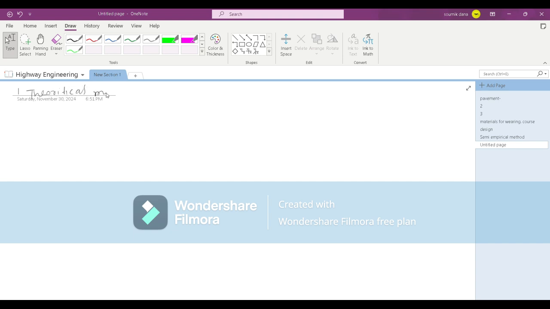Theoretical methods are, one is Burmister method.